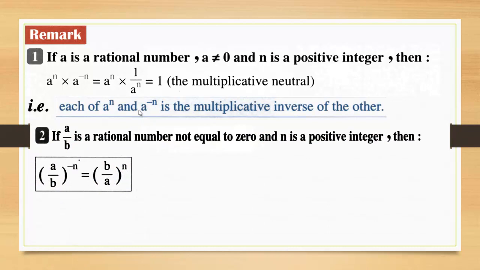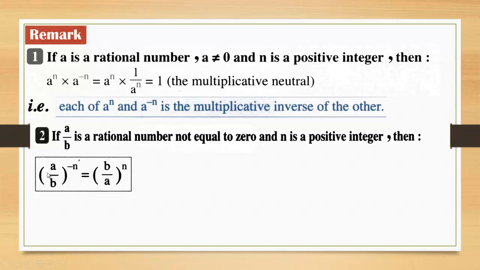Number 2, if a over b is a rational number not equal to 0, and n is a positive integer, then a over b all power negative n equals b over a all power n.